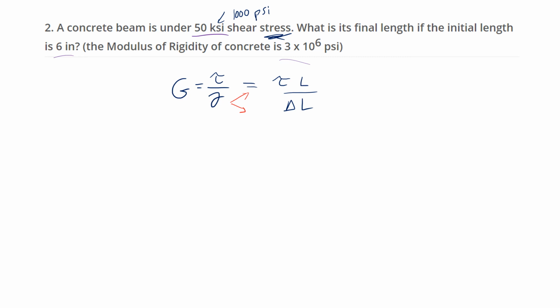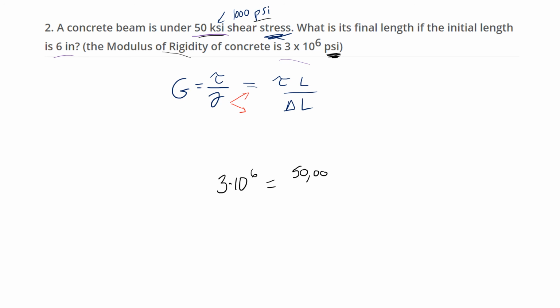So now we're going to plug in the things we know. The modulus of rigidity is 3 times 10 to the 6. Now this is in PSI, so we got to make sure everything else is in PSI here. So our stress was in KSI, that's why we got to switch it to PSI.